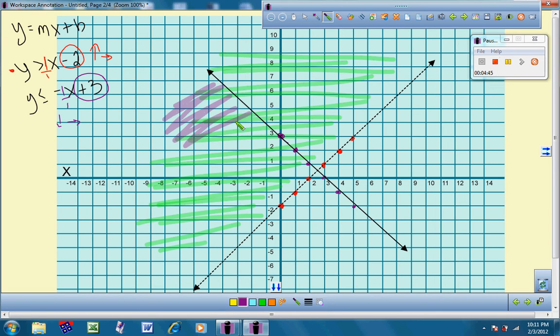So I'm going to shade everything that is below the line. Alright, remember your solution area is where the two colors overlap. So I can see right here that all of my possible solutions fall into this area right here.